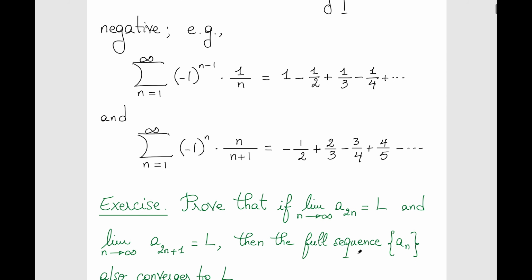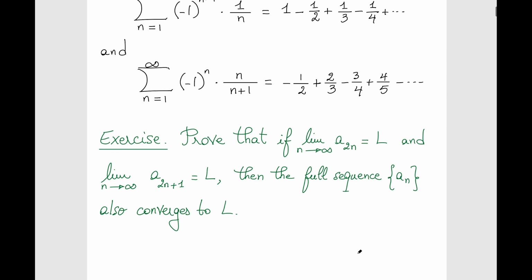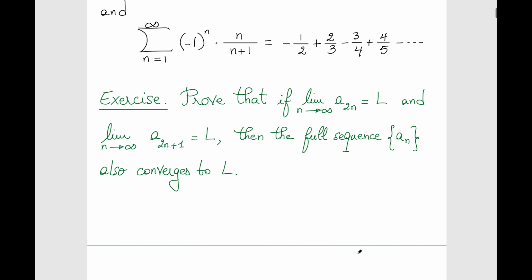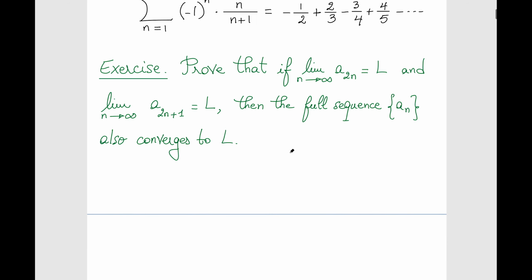Okay. Before we continue, I would like to take a small digression and talk about this exercise, which is going to be needed in the proof of the next theorem, which has to do with alternating series. Let's prove that if the limit of those terms is equal to L, and what are these terms?